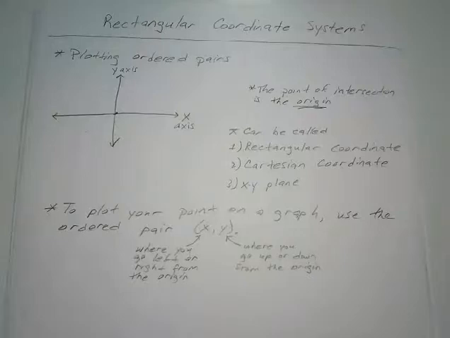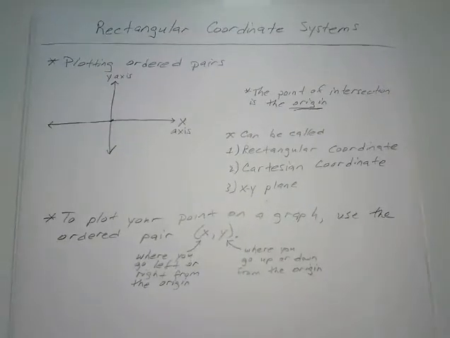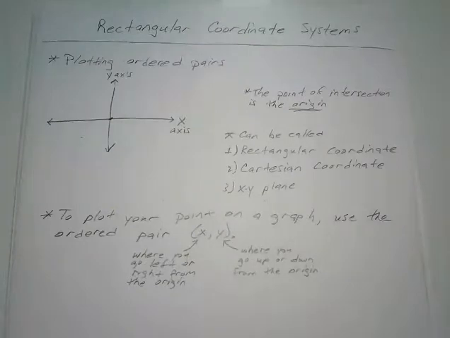All right. So let's do a quick example of plotting our points. All right. So if you're still writing, please feel free to press pause. We're going to do a quick example.